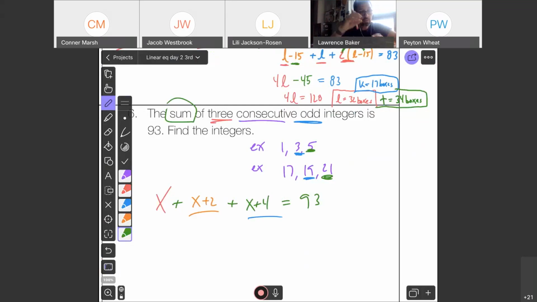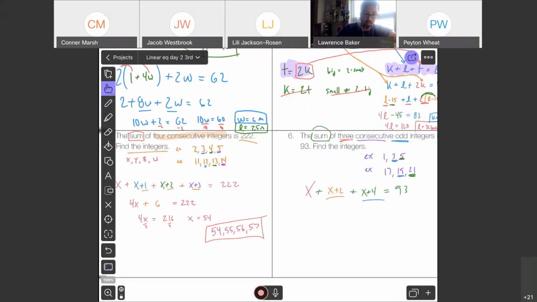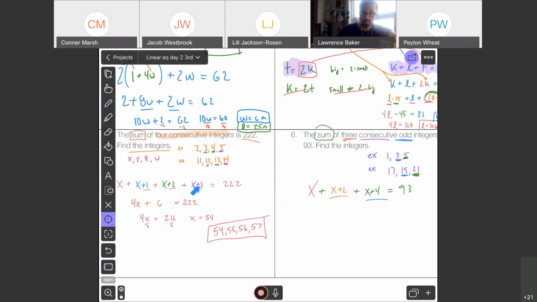It's just that idea that you're skipping. We're not doing every number, we're not increasing by 1 each time, we're increasing by 2 each time. No matter if it's even or odd, you're still going up by 2 each time, which some people get tricked up by because they think 2s are evens. But the distance between consecutive odd numbers is also 2.